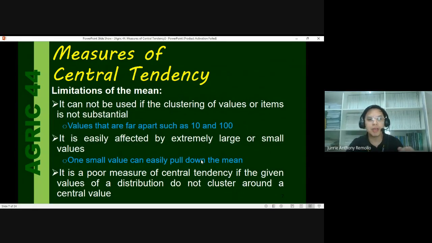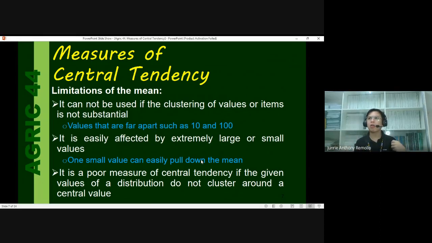And the limitations of the mean: it cannot be used if the clustering of the values or items is not so substantial, especially when there is a great dispersal or scattering from one value to another. Say, for example, when you compare 10 and 100, these values are far apart.